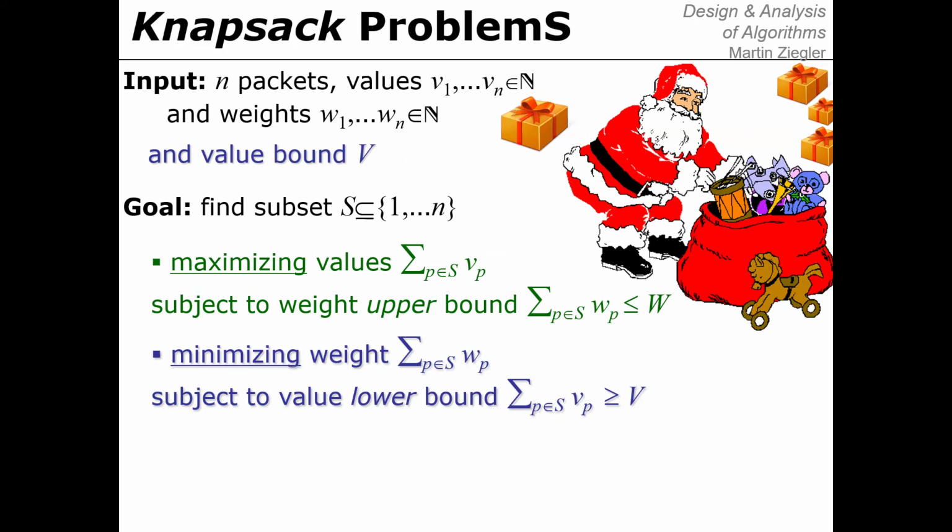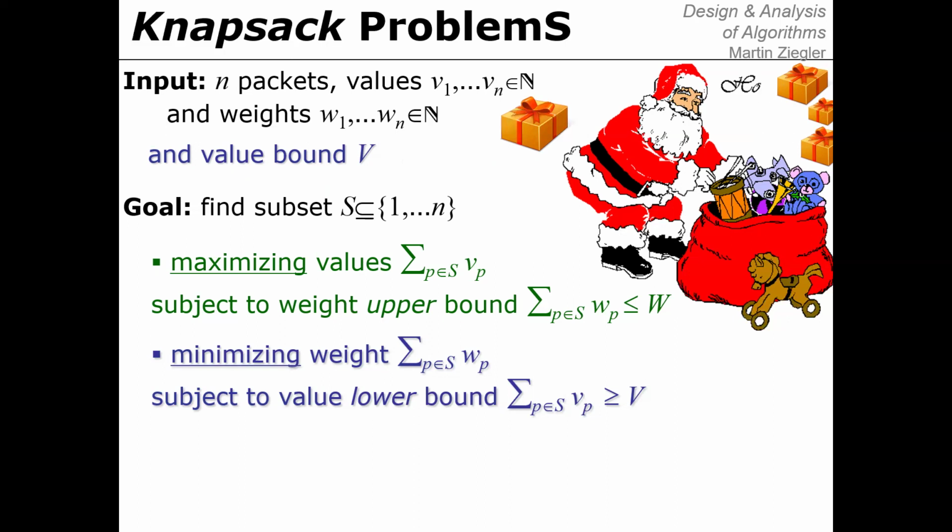These are two optimization problems, one maximization, one minimization. And output would be either the maximum value or the selection of packets that attain this maximum value while satisfying the weight bound. And the other is the minimization problem.